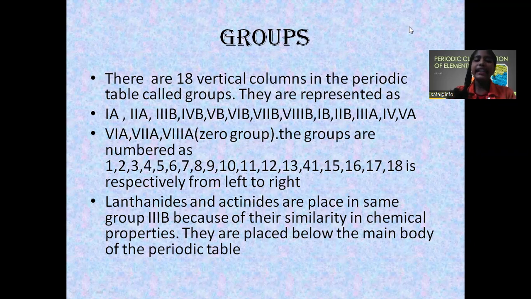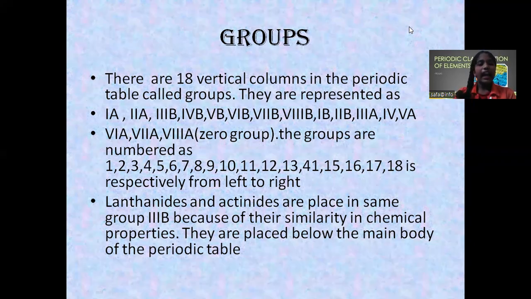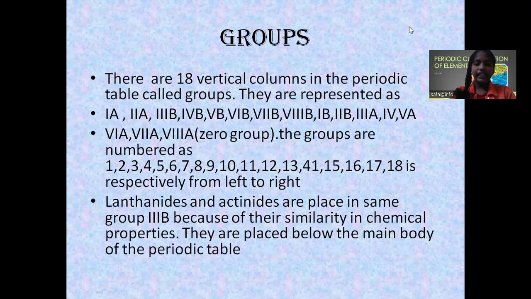So there are 18 groups, represented as 1A, 2A, 3A, 4B, 5B, 6B, 7B, 8B, 1B, 2B, 3A, 4A, 5A, and 6A, 7A and 8A come under the zero group. And the groups are numbered from 1 to 18, respectively located from left to right.